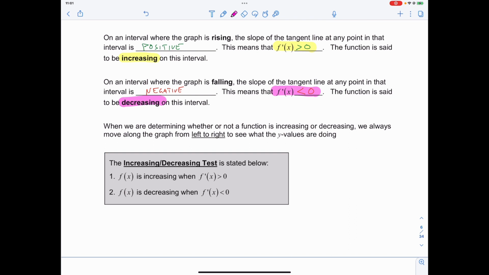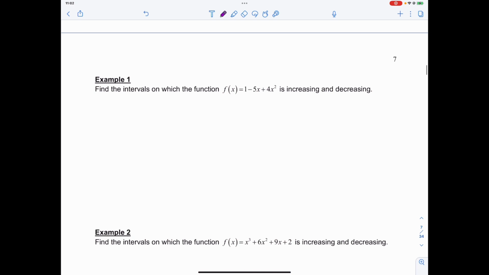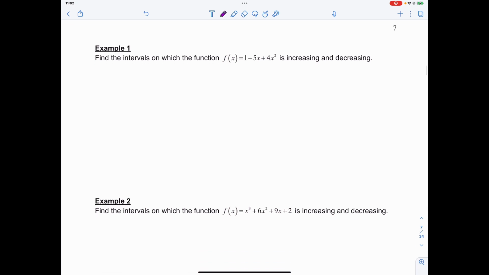If f of x is decreasing, that's when the derivative is negative, or less than 0. So we're going to use that principle for this first example. Find the intervals on which the function f of x is equal to 1 minus 5x plus 4x squared is increasing and when it is decreasing.